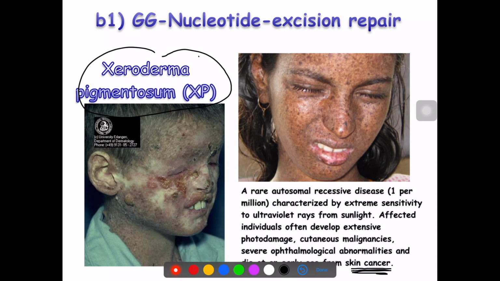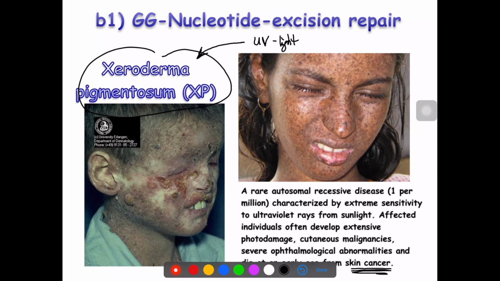Now, the identification of individuals with this type of disease as being due to exposure to UV light led people to think that if they could use cells derived from patients that exhibit this disease, they could probably characterize the DNA repair mechanisms that are involved in fixing the type of damage associated with exposure to UV light.